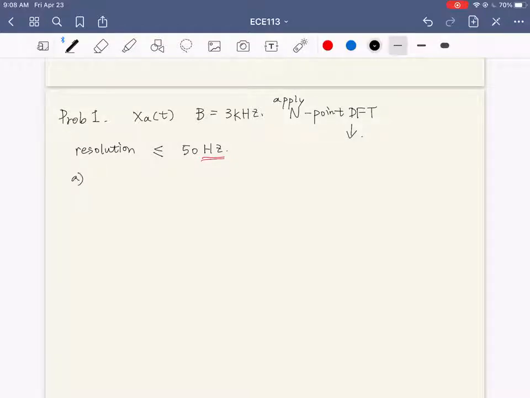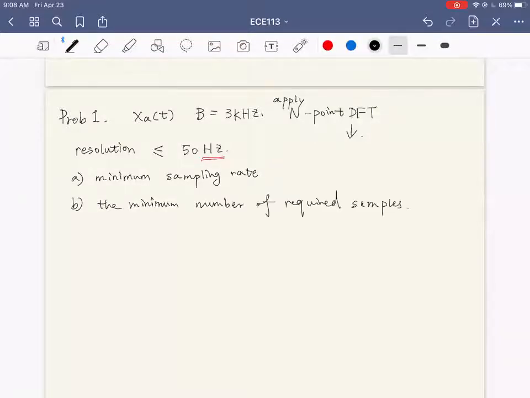Question 1 is, given all these known facts and the requirements, please determine the minimum sampling rate and also the minimum number of required samples, and then the minimum length of the analog signal. And then you have the intuition that the length of your signal is somehow related to your resolution.